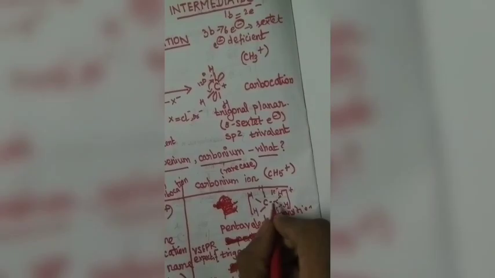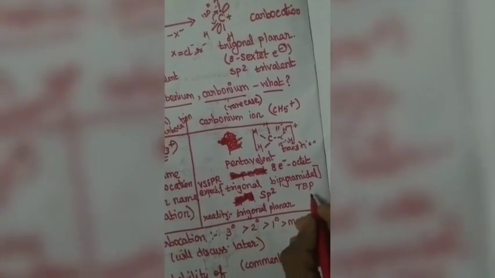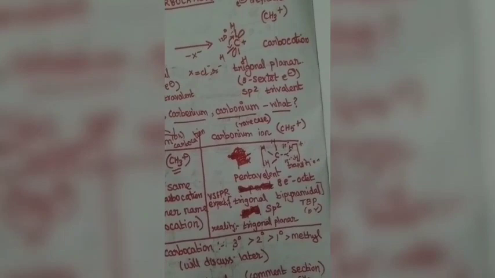According to VSEPR, we will expect trigonal bipyramidal because of 5 bonds. Nothing wrong. Many books give trigonal bipyramidal, but if they ask for the real structure, it means trigonal planar. Both are correct according to me. Whatever option is given, you need to select accordingly. The hybridization is sp2 only, because carbon does not contain a d orbital.